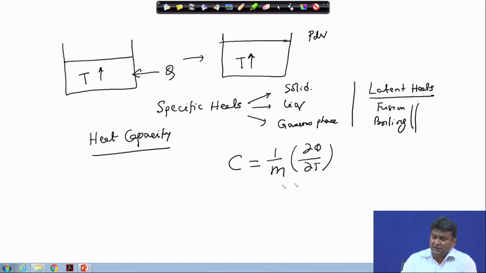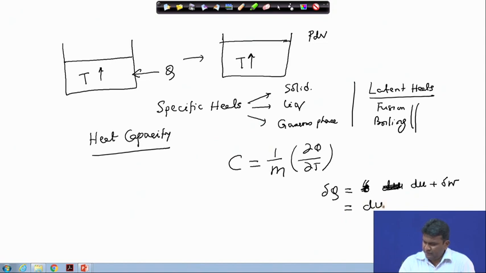Now, what we have learnt already from the conservation equation is dQ is dU plus dW, which for the type of systems we are talking about transforms to dU plus PdV. Now, from this expression we can write dQ/dT.